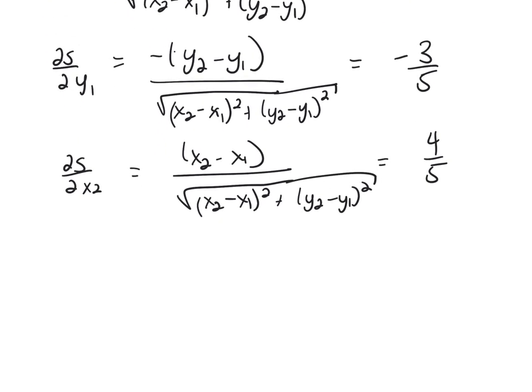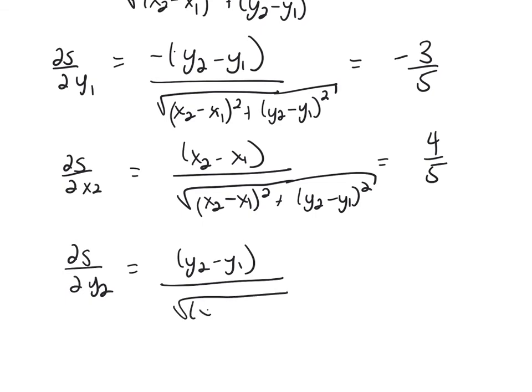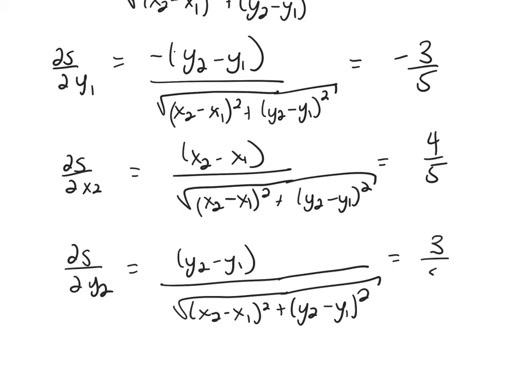And the final partial derivative, with respect to y2, is (y2 minus y1) over that square root. Plug in your values and you should get 3/5.